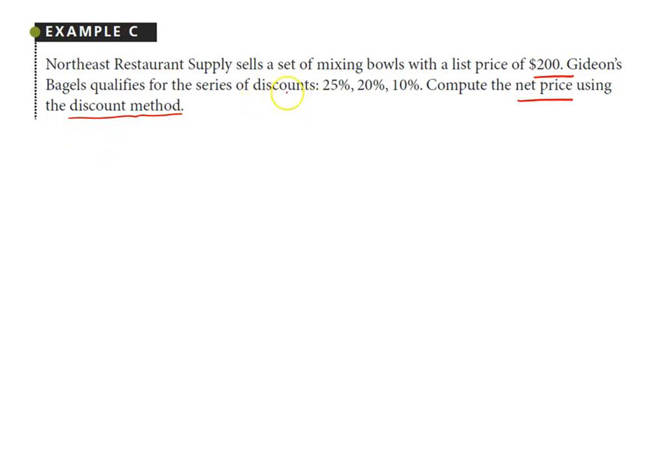And so the first thing I want to do is to take my list price of $200, and then I'm going to calculate the first discount. And the first discount is going to be on the first percent here. So we're going to separate these into three separate discounts.